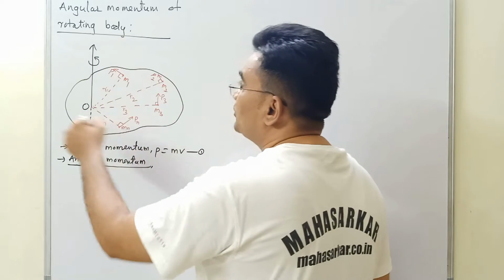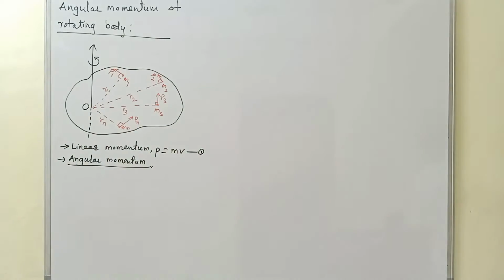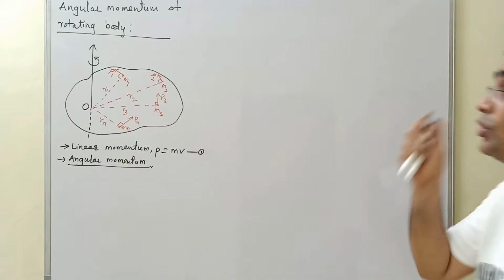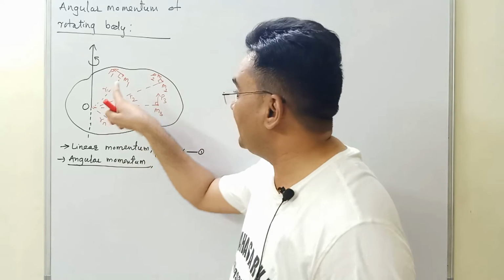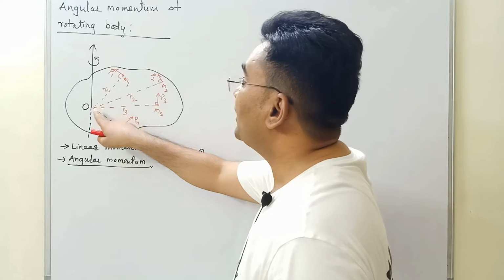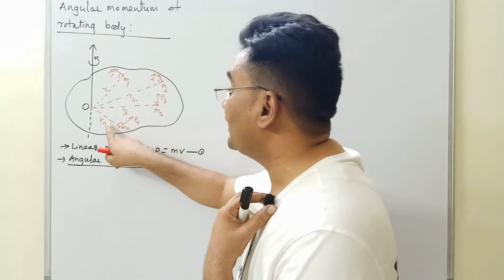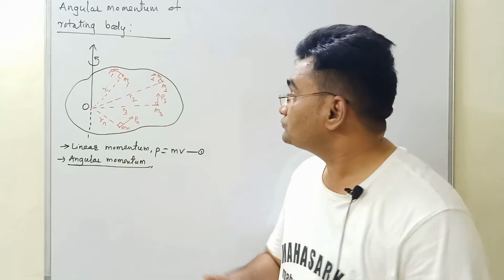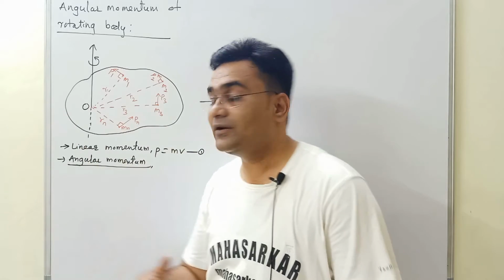Suppose, as we considered previously, there is a body of mass m rotating about an axis passing through point O. Let that body be divided into n number of particles of masses m1, m2, m3 up to mn, all situated at different distances r1, r2, r3 and rn. Now every particle will rotate with a different linear velocity.